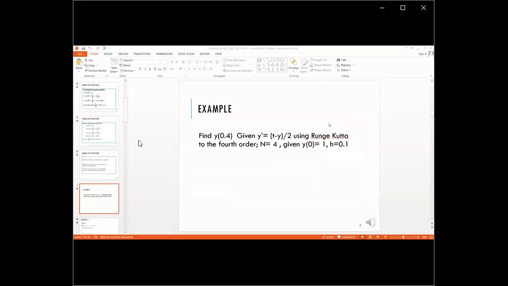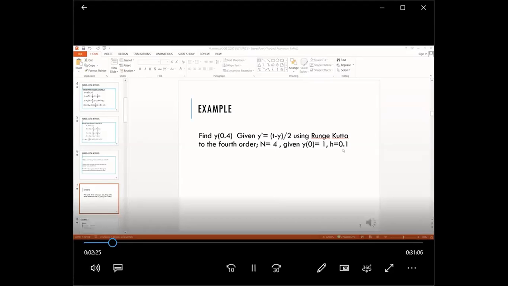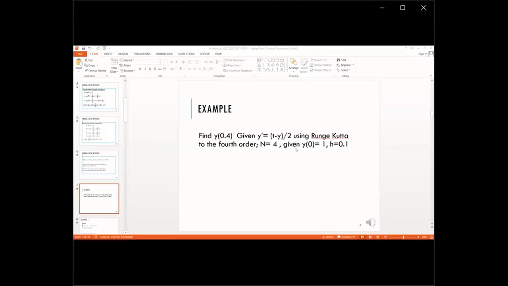We've been given the initial condition y at 0 is equal to 1, and the step size is 0.1. So we're going to calculate a number of iterations until t equals 0.4. We'll move 0.1 from 0 to 0.1 to 0.2 to 0.3 to 0.4.